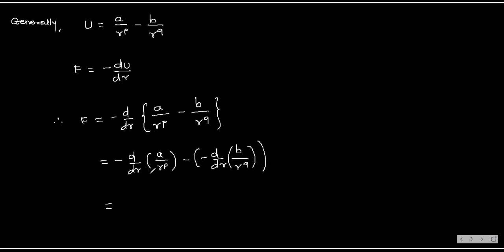So to find the derivative of this, I will do one more step so that you will understand better. d/dr, and this R^P, can I write it like this? A into R^(-P).